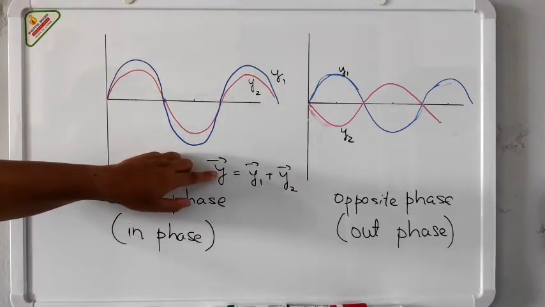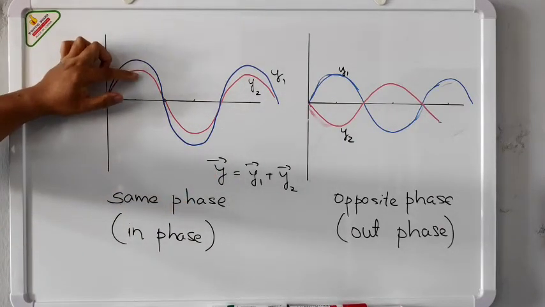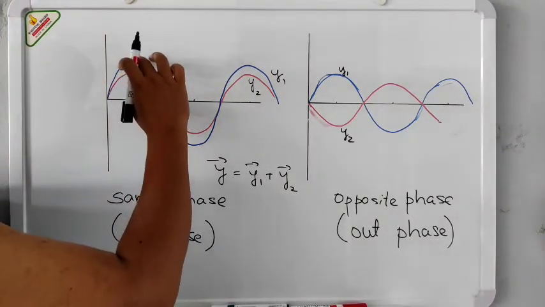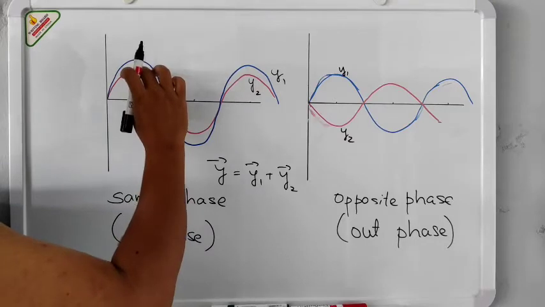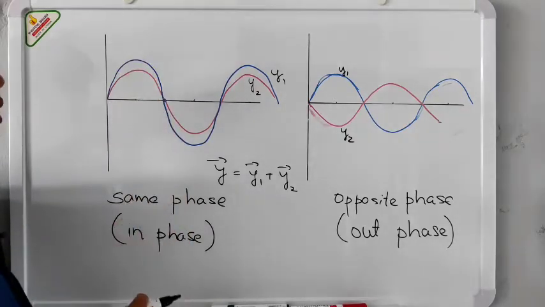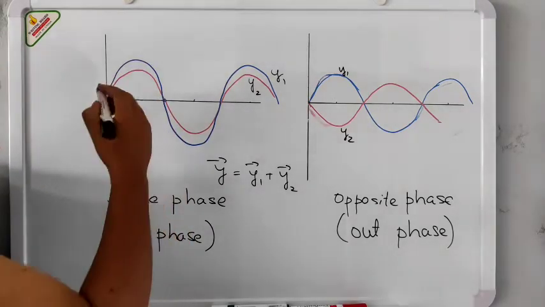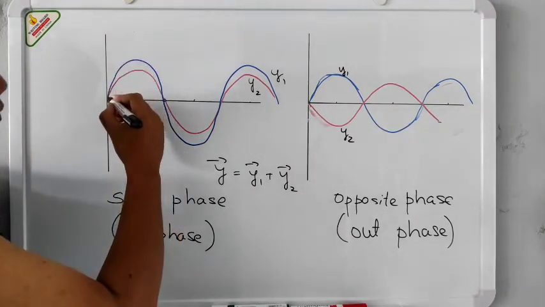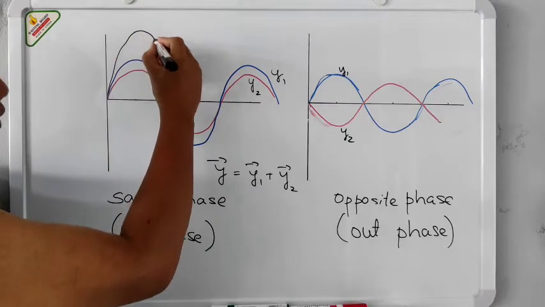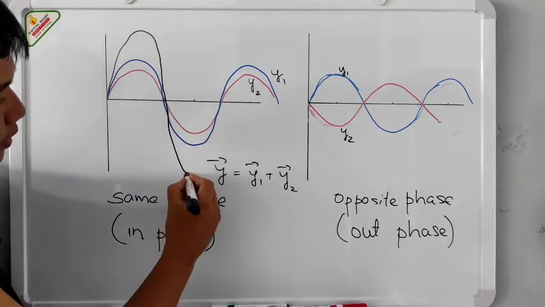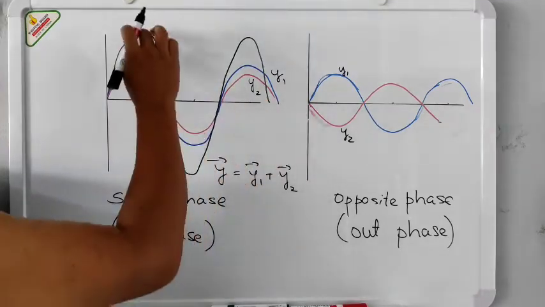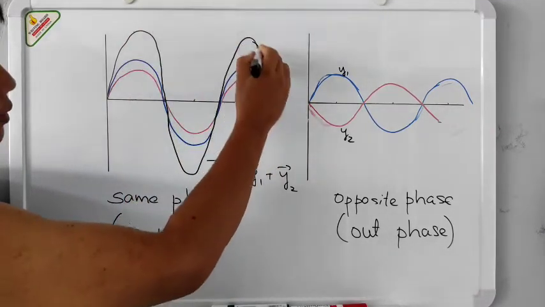The resultant y will be the algebraic sum of these two. If this is 5 and this is 8 units, let it be 5 cm, 8 cm, the resultant will be 5 plus 8, it will be 13. Here it will be 13, and again, minus 13. Like this. This is the resultant wave.